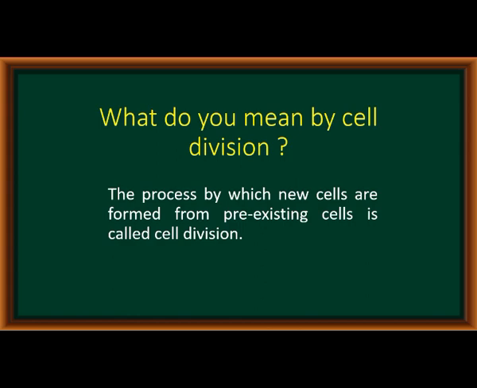Cell division is equally true in case of the simplest organisms like amoeba, as well as in the highly complex ones such as ourselves. It may be the giant size elephants or a tall coconut tree.